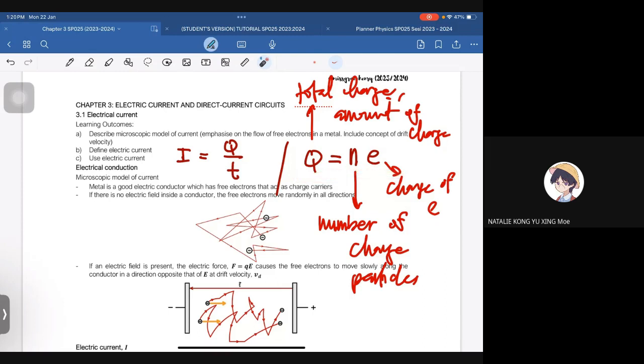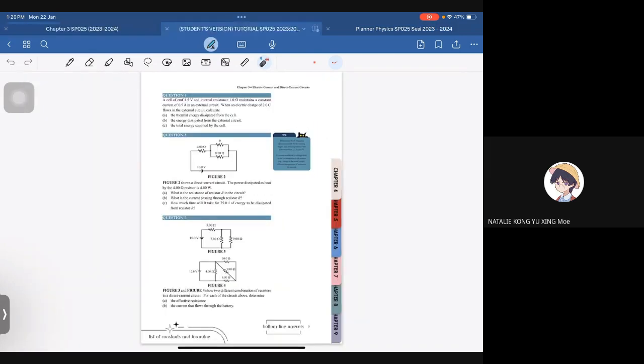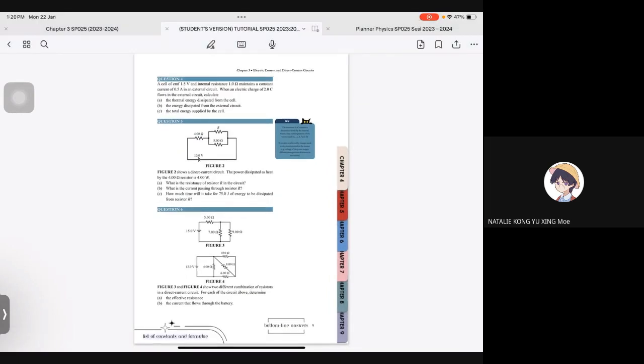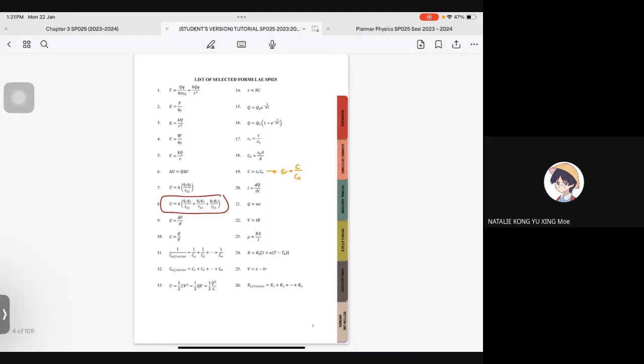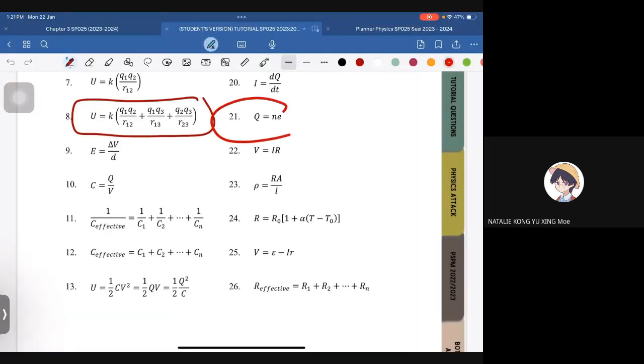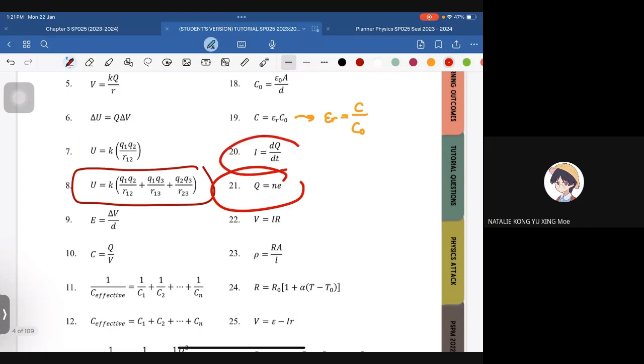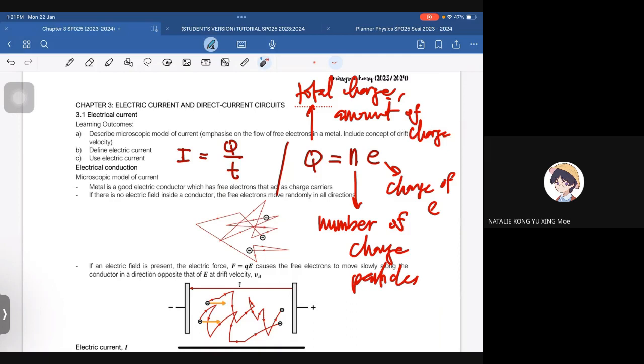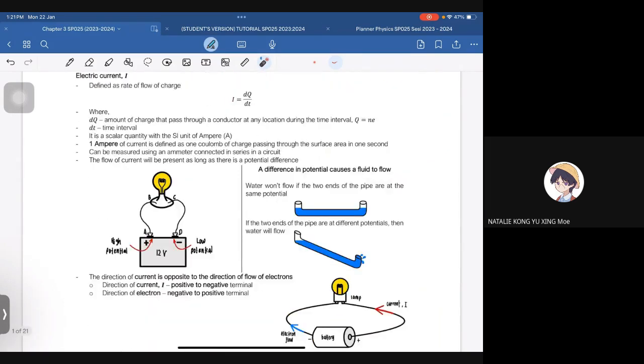Let me check whether this is given. V equals IR, oh, they do give it. So it is given here, Q equals N e, and I is given like this, where dQ over dt is basically the rate of change of charge. Q equals I t you can just rearrange yourself. So these two will be given, not an issue. You do not have to memorize them.